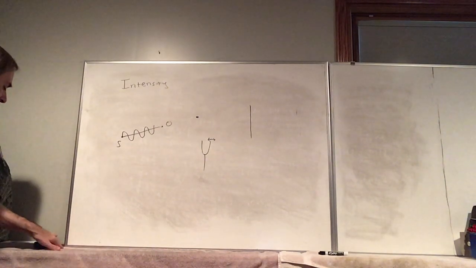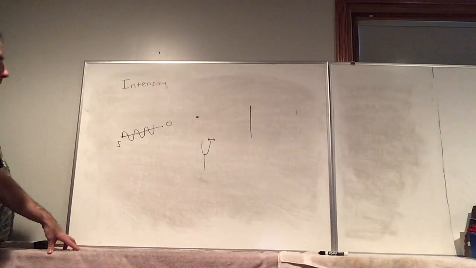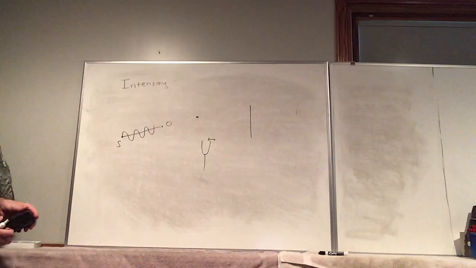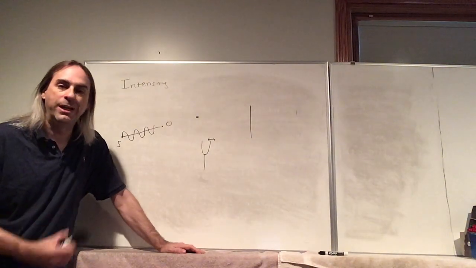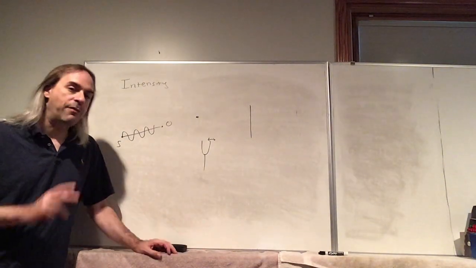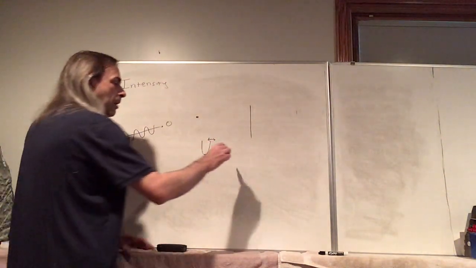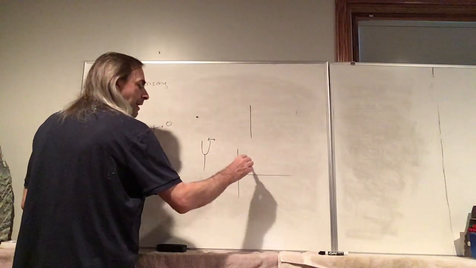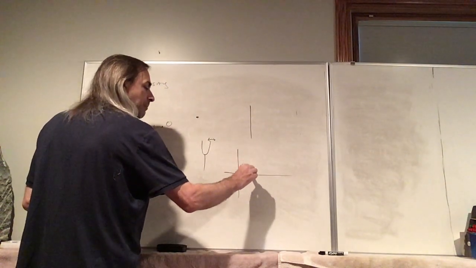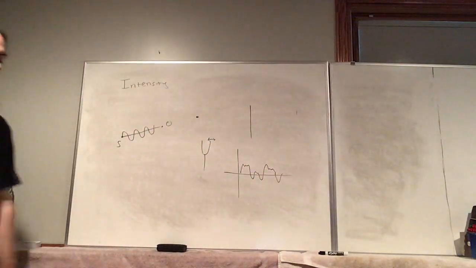Now, a real sound wave would be something much more complicated in general. But we tend to represent waves as sine waves for a reason. And this is definitely not something we're going to talk about in this class. But let's say we had an actual wave. It might look something like this. Some complicated shape.